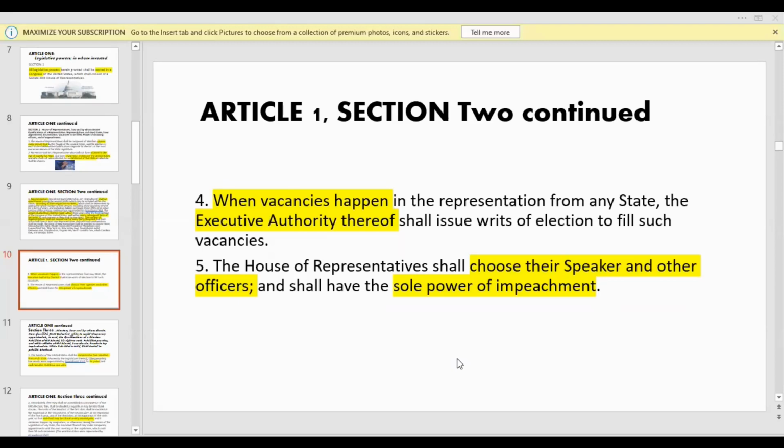The House of Representatives shall choose their speaker and other officers. So I'm going to point this out right here. Speaker of the House is an Article I officer. He or she has authority within Article I, within Congress, but not in Article II or Article III powers.